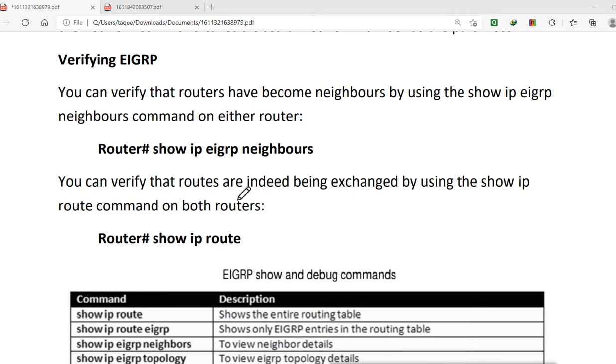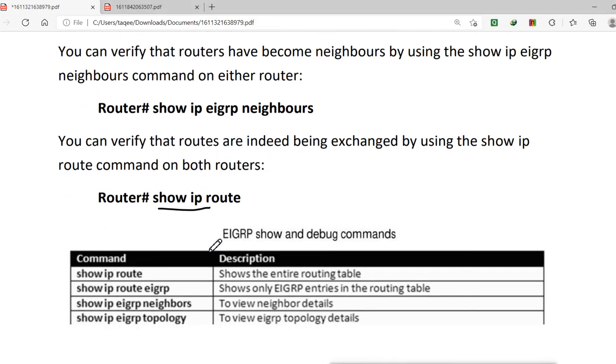Then verifying EIGRP. When we configure EIGRP, we can verify it using multiple commands. For example, you can verify the routers have become neighbors by using the show ip eigrp neighbors command. Then we can verify the routes are indeed being exchanged by using the show ip route command on both routers, so we can see the routing table.